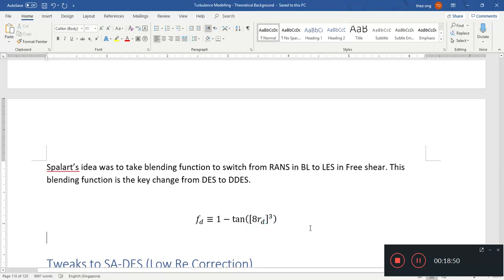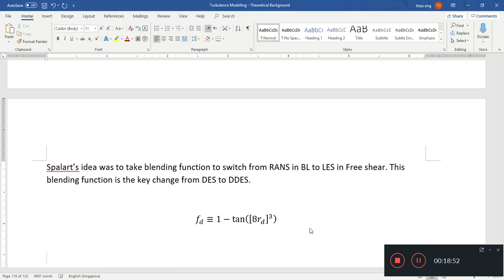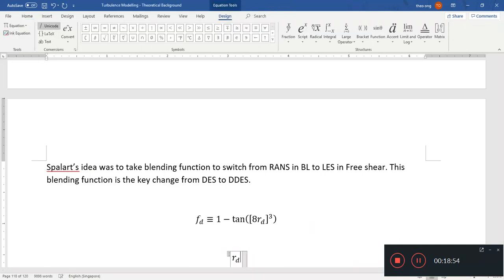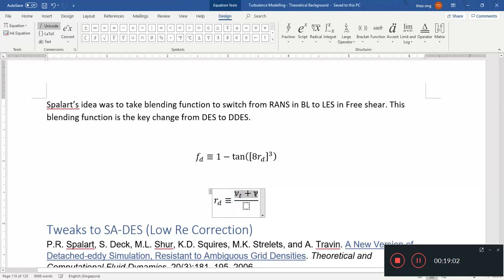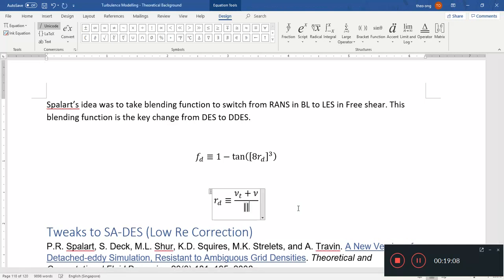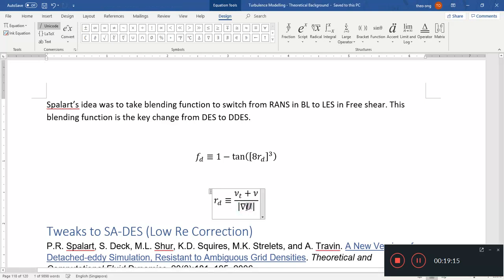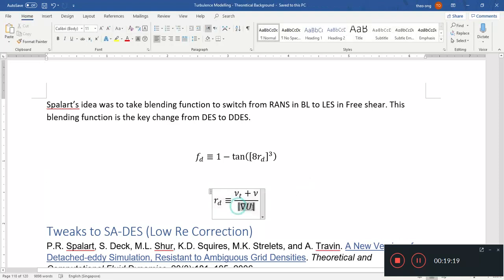And what is this rd? rd is equivalent to nu T plus nu, which is the effective viscosity, over the square root of nabla u dot nabla u. This is the gradient of the velocity, and then you take the magnitude of it.